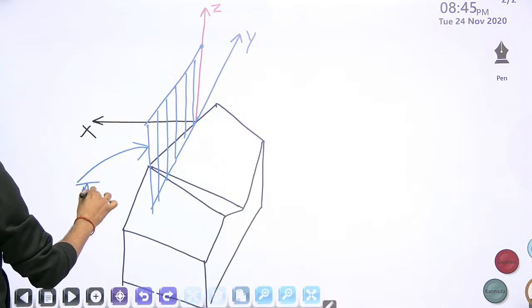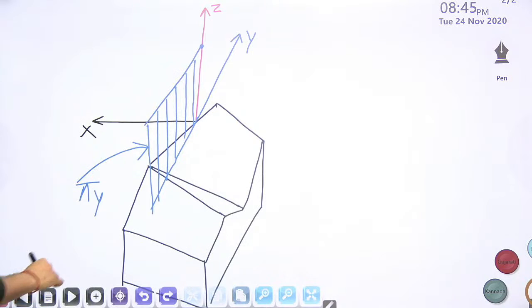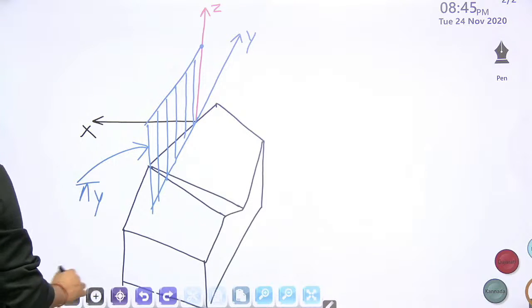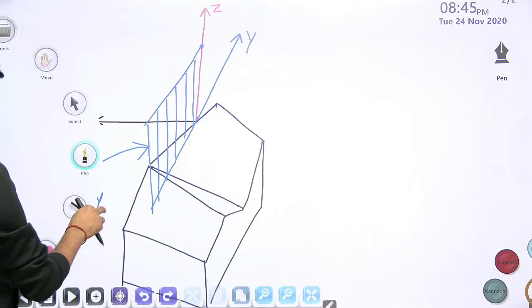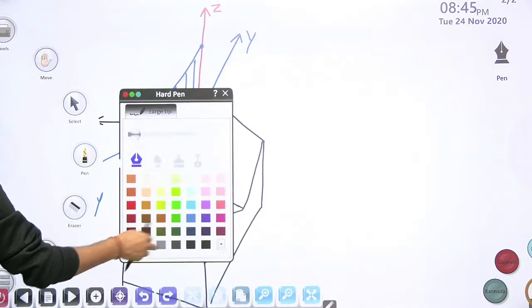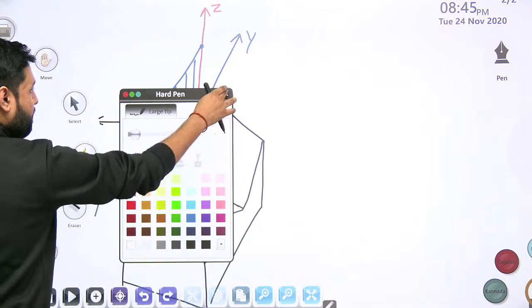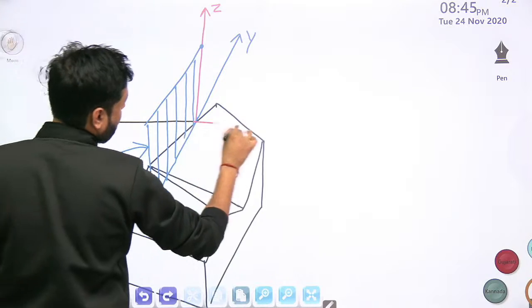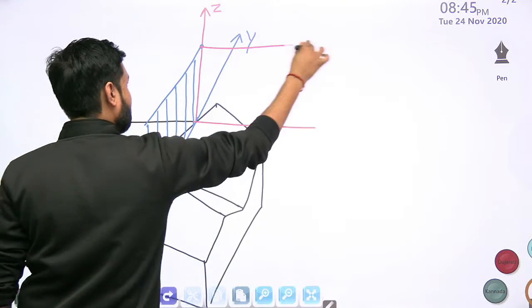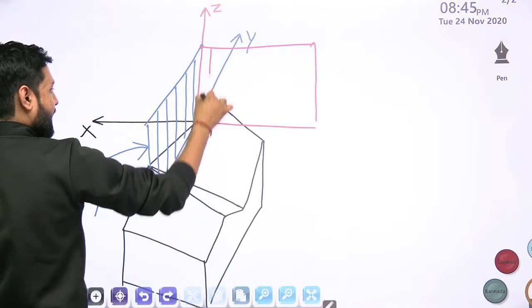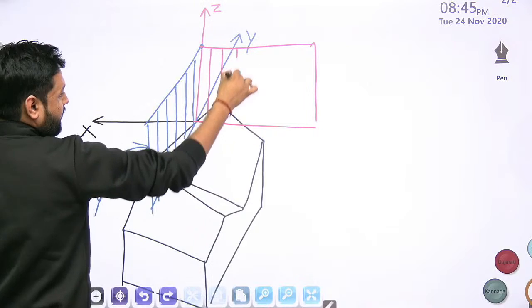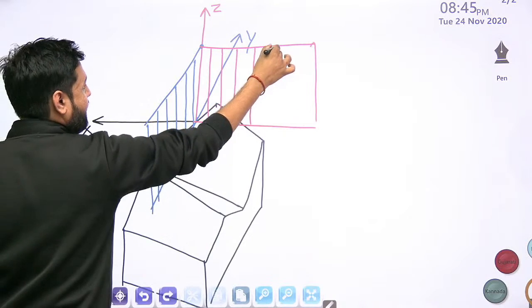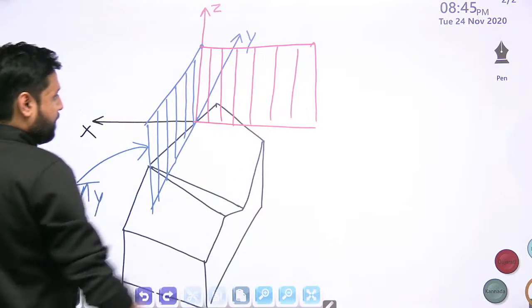Pi y, the transverse plane, and we have another plane here, this red color one. What plane is that? This is your pi x plane.